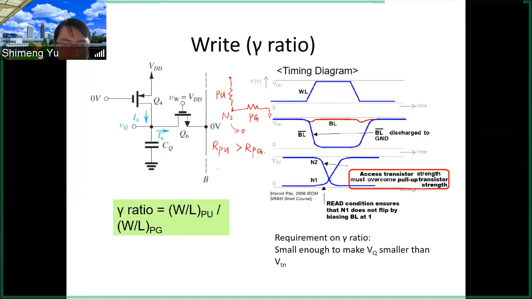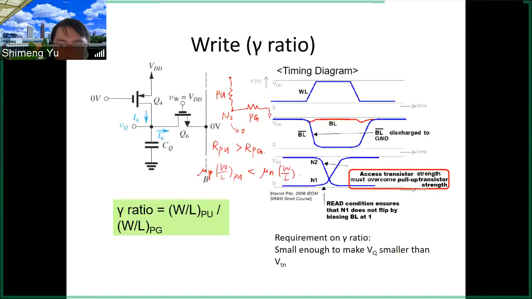Then we can translate that to the mu N W over L PU smaller than... Sorry, this PU is PMOS, so it's mu P, W over L PU, smaller than mu N, W over L PG.